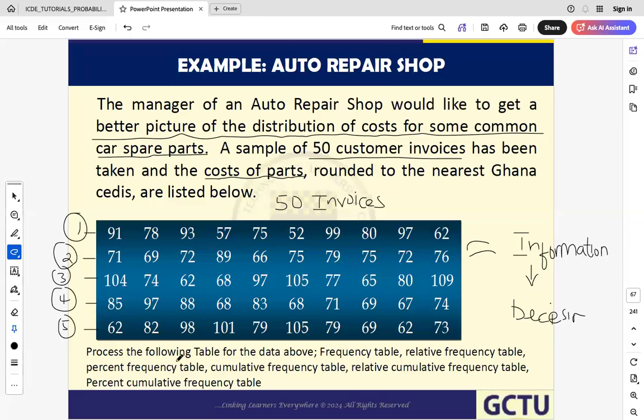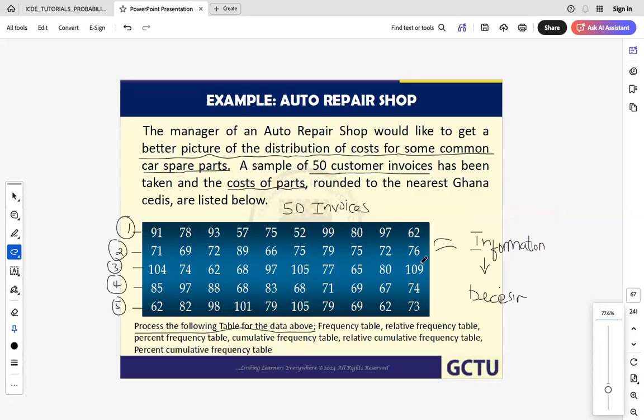So I'm saying process this table for the above data, just like we did for the previous one. And this type of data is called a quantitative data because it's coming with numbers, unlike the first one we did.